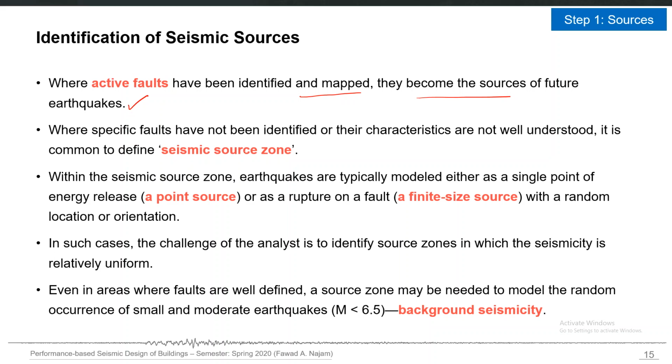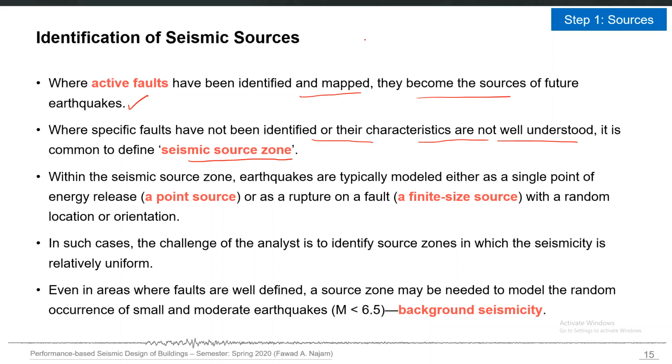Where specific faults have not been identified or their characteristics are not well understood, it is common to define a seismic source zone. So instead of explicitly modeling a particular fault, we just assume that this whole area is the source of an earthquake.